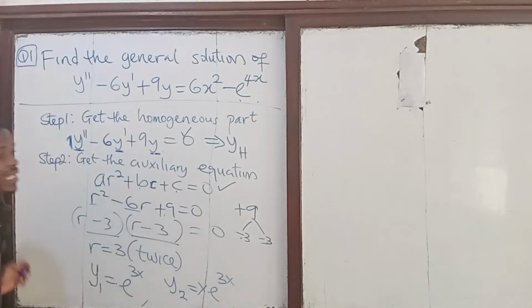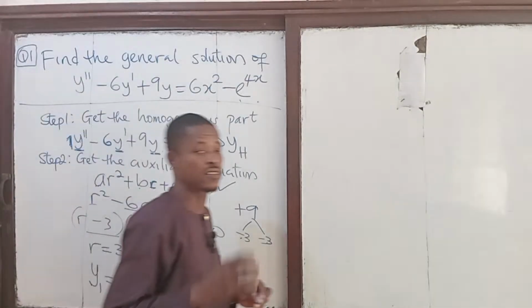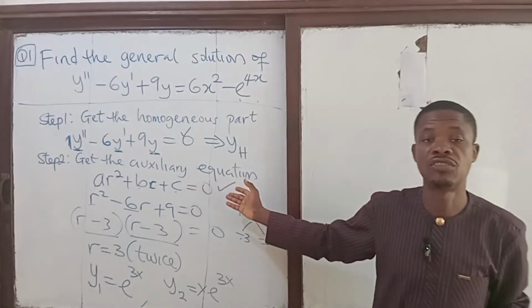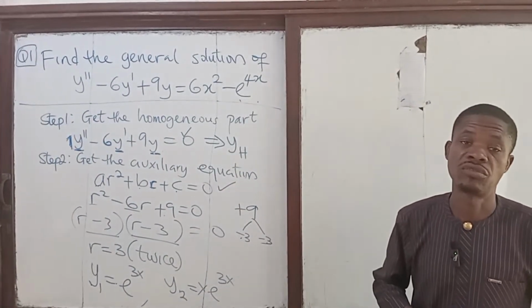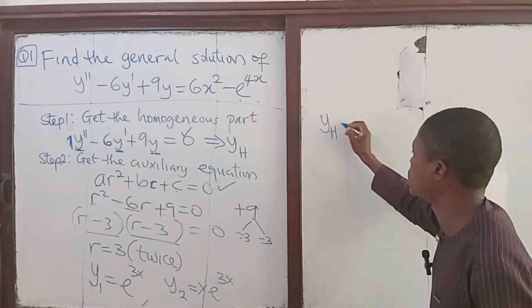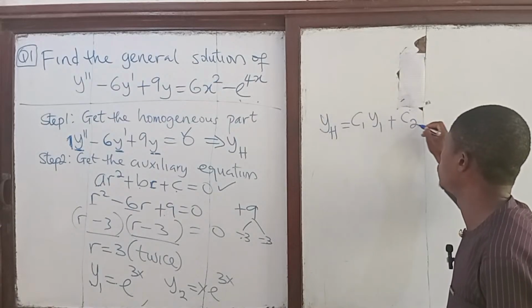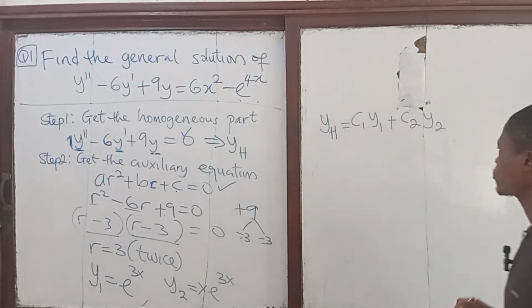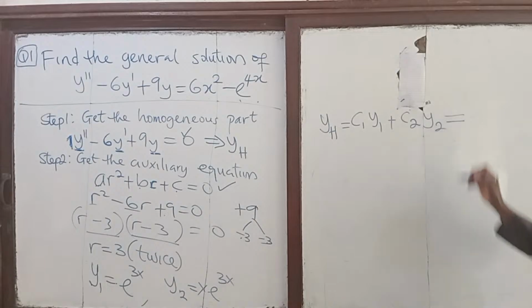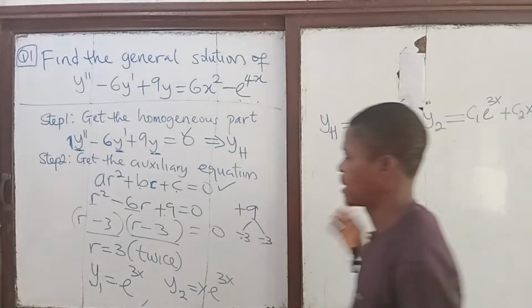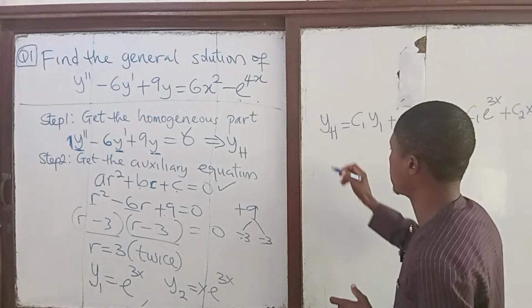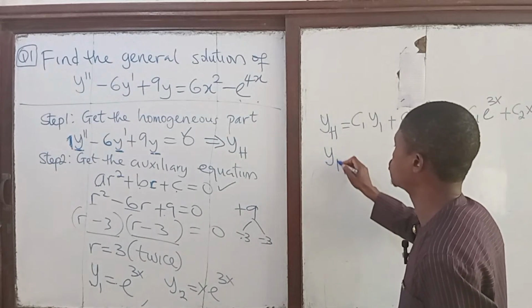All this was explained in the first lecture of homogeneous second-order differential equations. The solution will now become c1 y1 plus c2 y2, which will be equal to, can you make the substitution? So that's the solution for the homogeneous part. How can we get the particular solution?